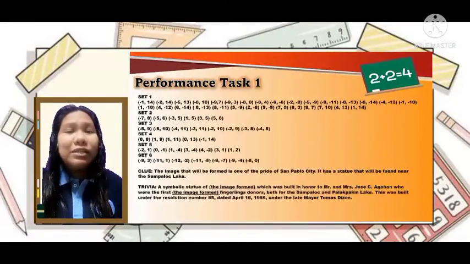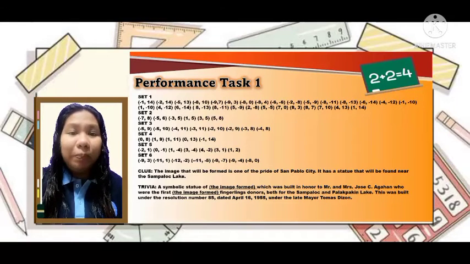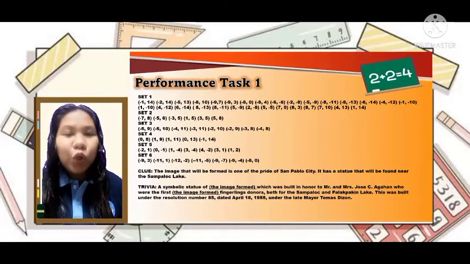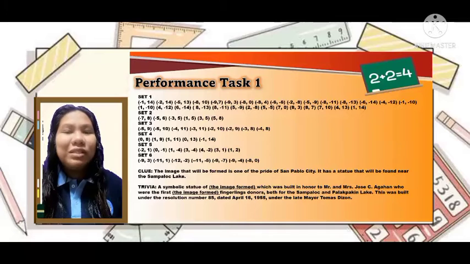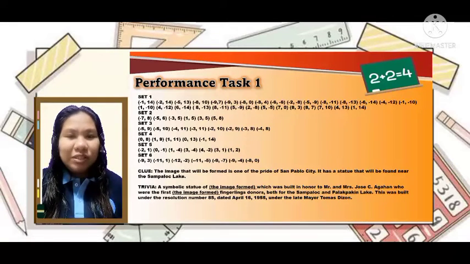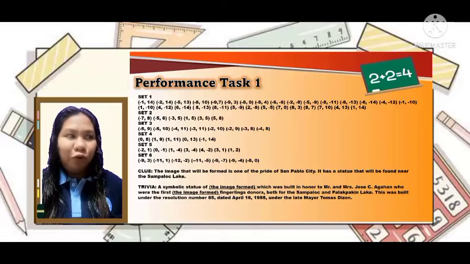Now, here are the sets of points. You will plot first the points in set 1, then connect those points. And then, you will proceed to the points of set 2, and again connect those points, and so on and so forth.